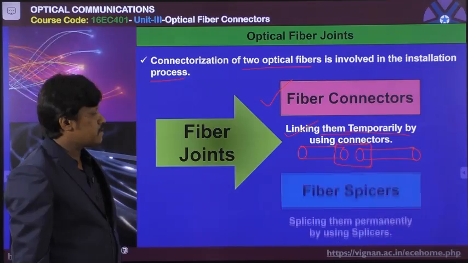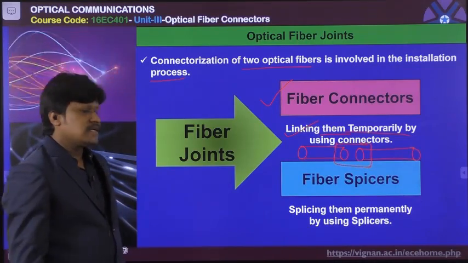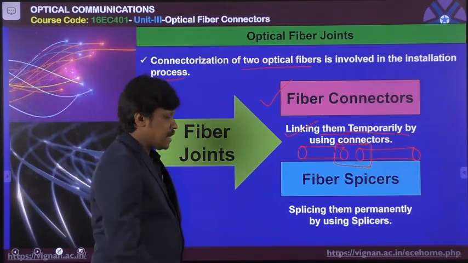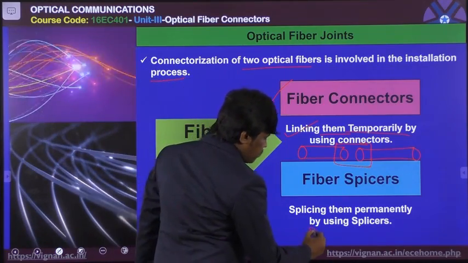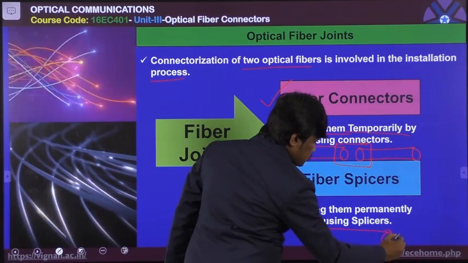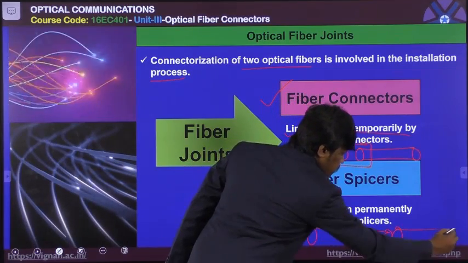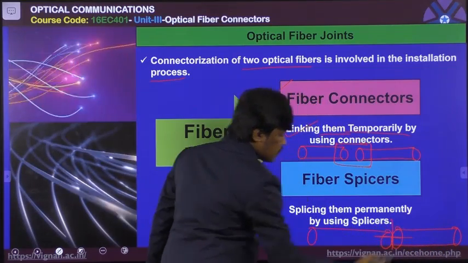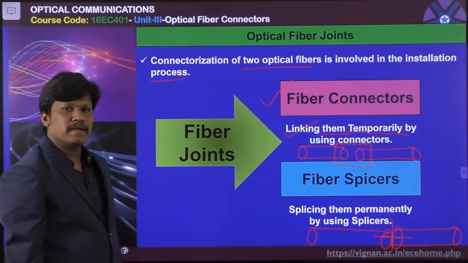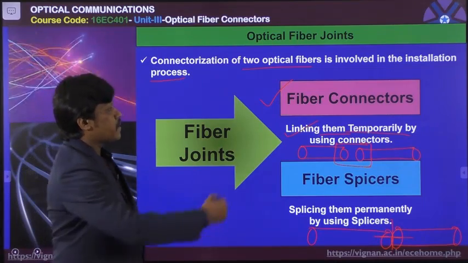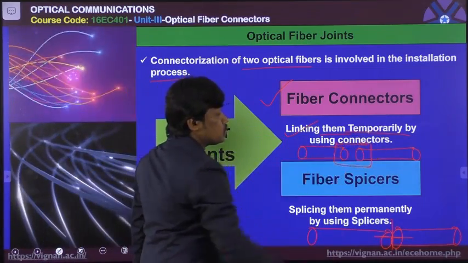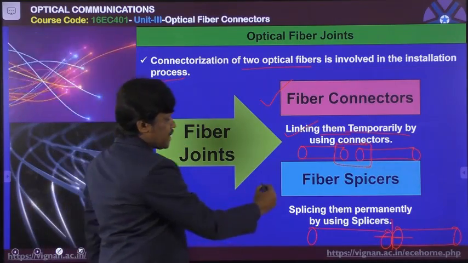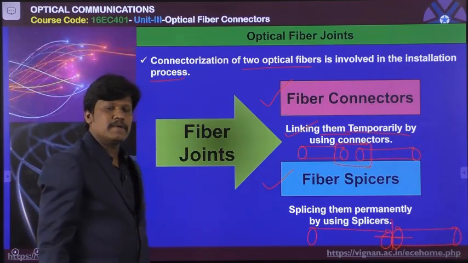And next one is fiber splices, splicing them permanently by using splicers. Fiber optic connectors are used to link the two optical fiber cables temporarily, and splicers are used for linking them permanently.